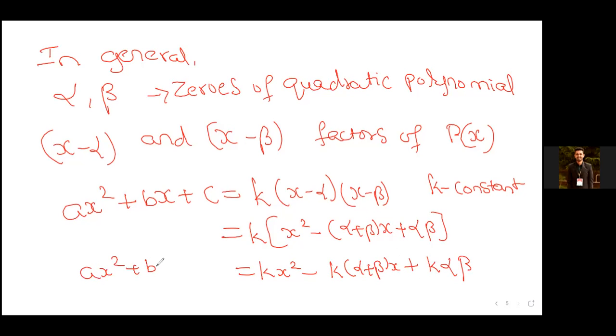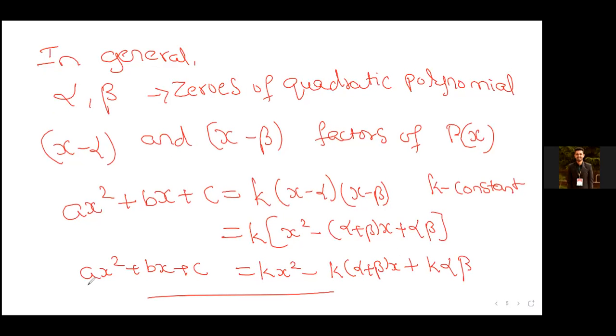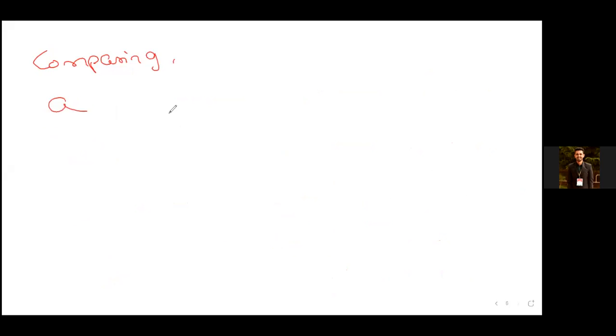Ax square plus bx plus c can be written in this form. And on comparing the coefficients of x square, x and constant terms, in the place of a we have k, so a is equal to k.